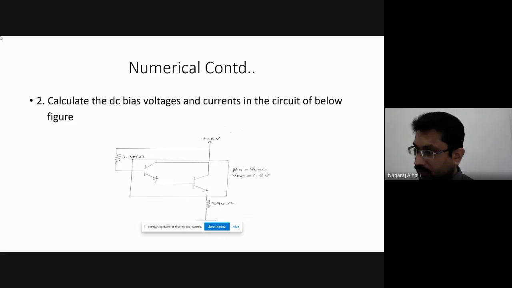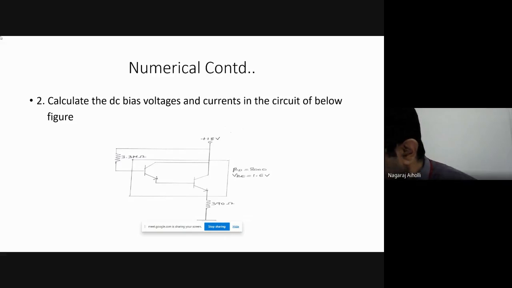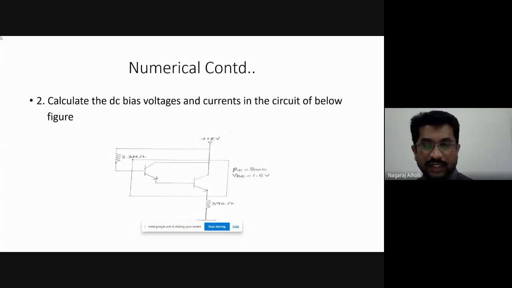Rutvik, how much are you getting? Sania, how much are you getting?